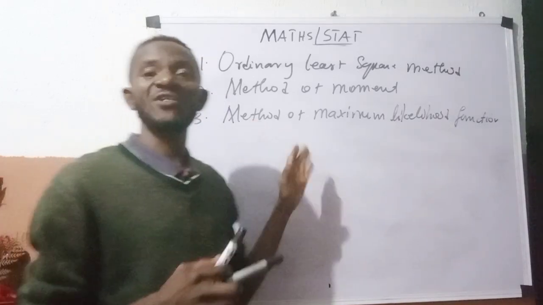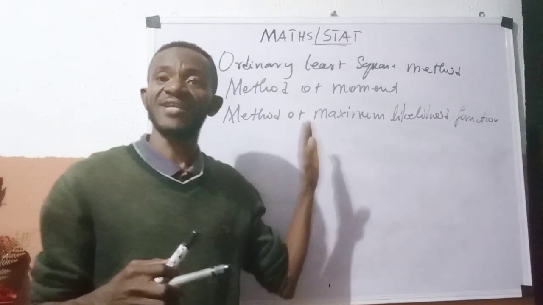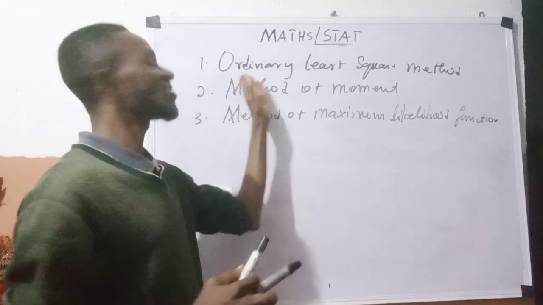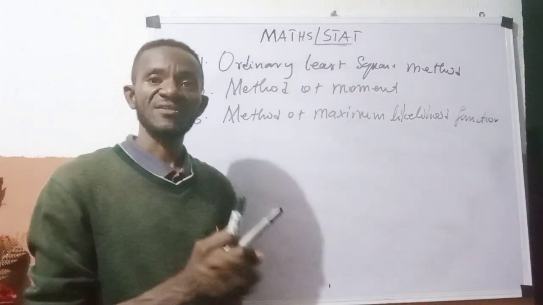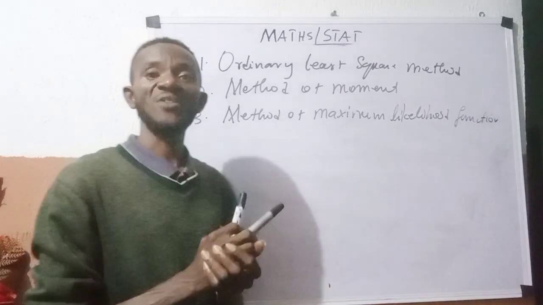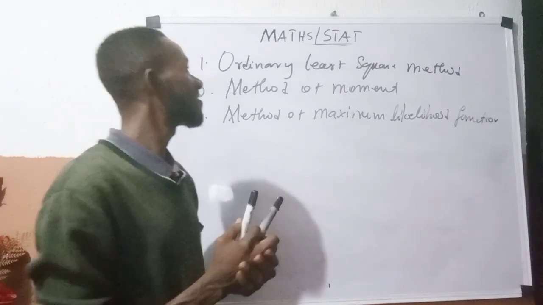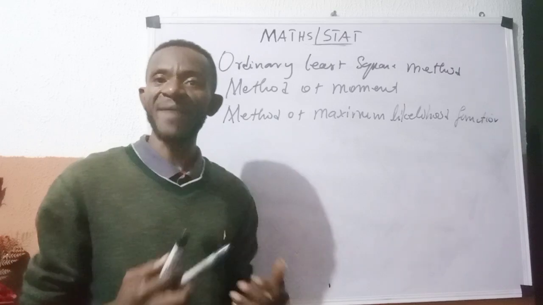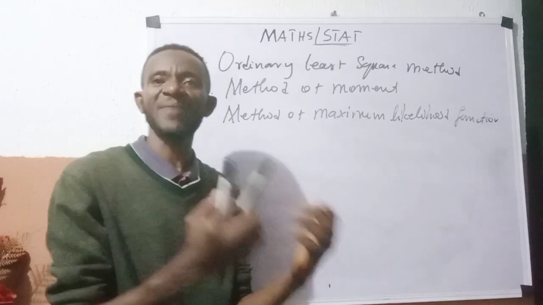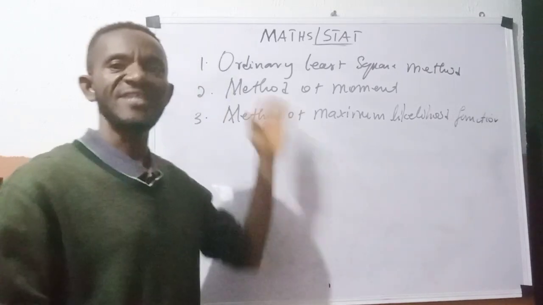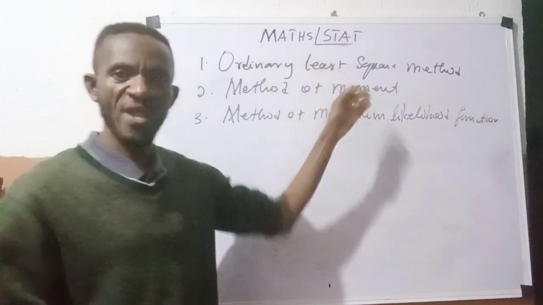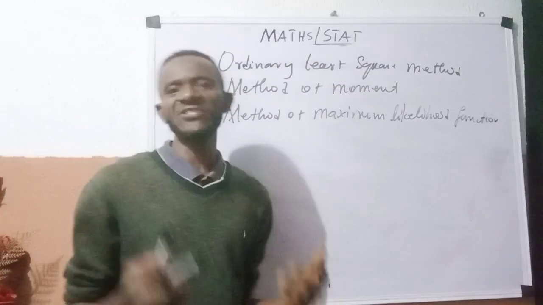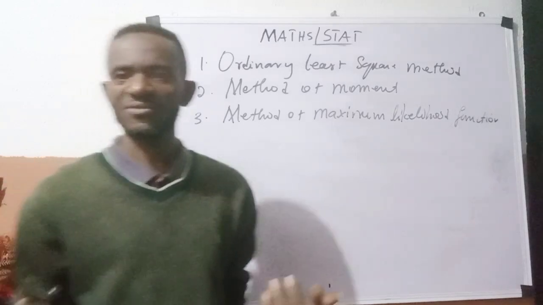In the course of the study of linear regression, we are going to pay attention to the first one, the ordinary least square method. So we are now talking about estimation of the regression parameters using the ordinary least square method. What is this method talking about?